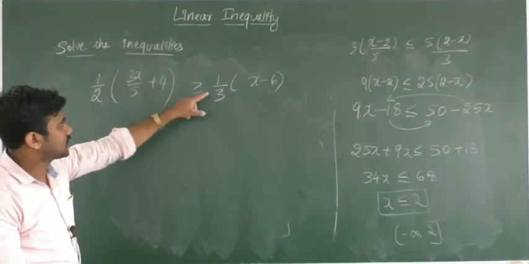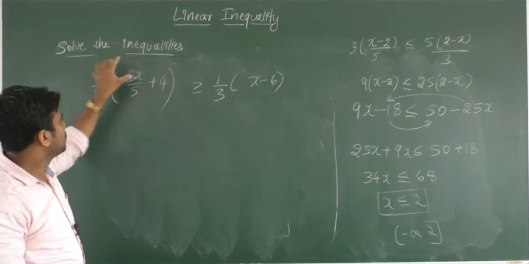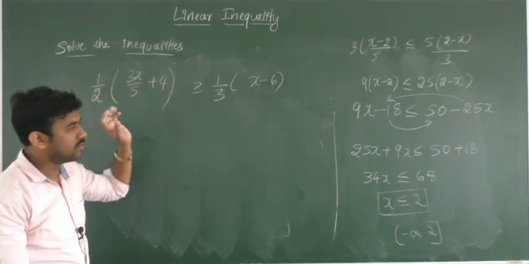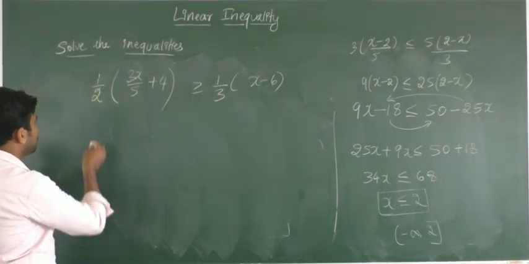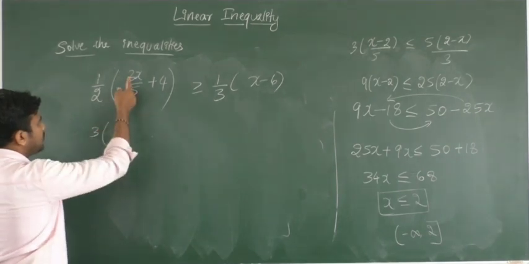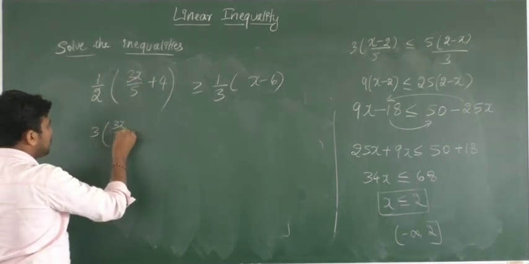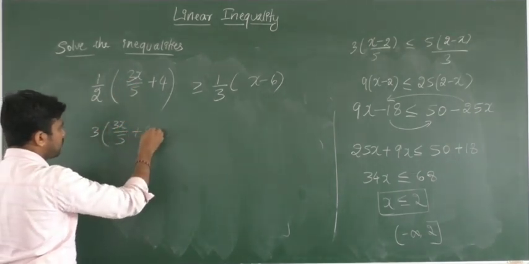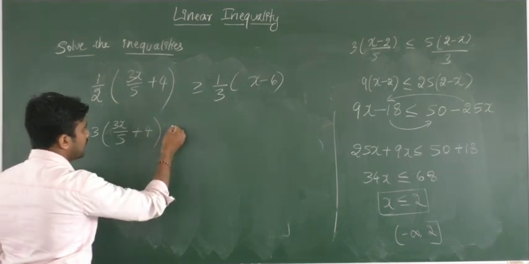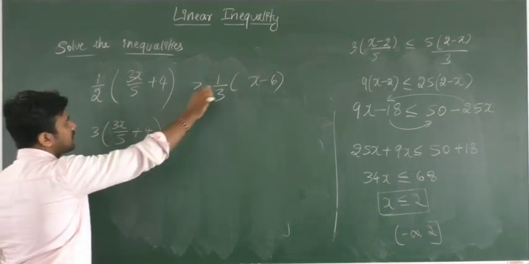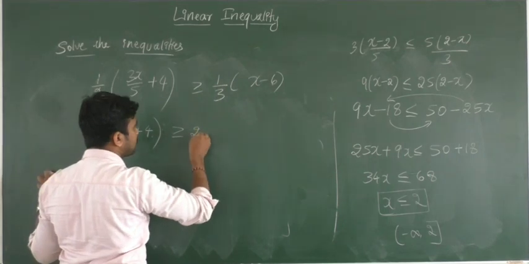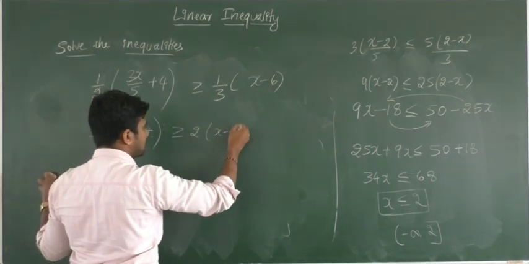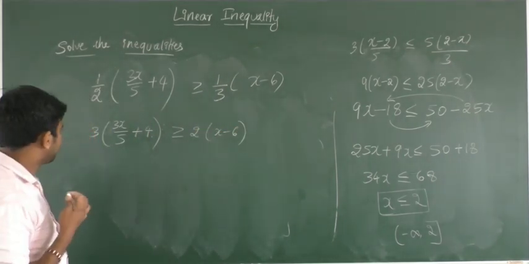First cross multiply: 3 into this, 2 into this term. So 3 into 3x divided by 5 plus 4 greater than or equal to 2 into x minus 6. This is cross multiplying.